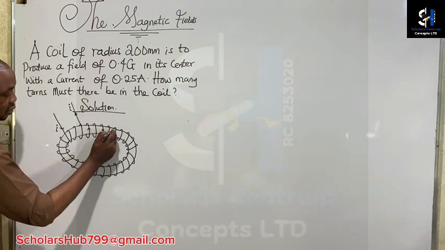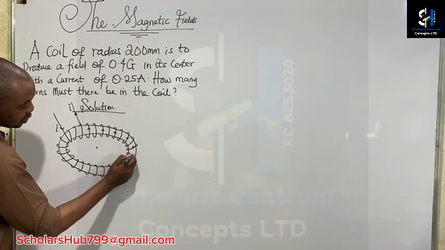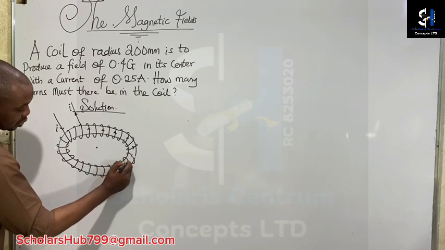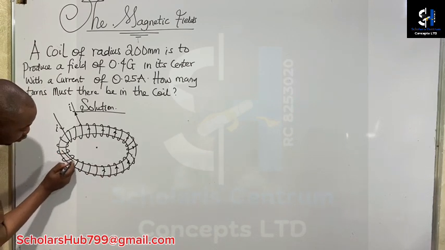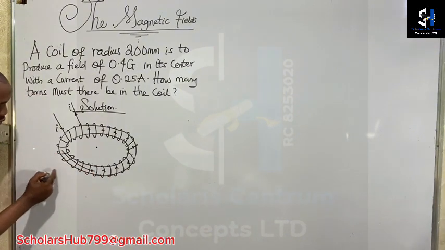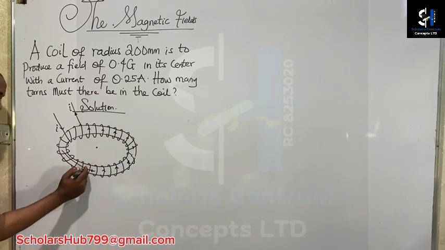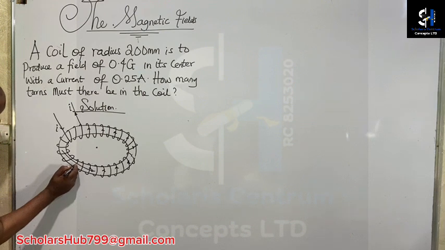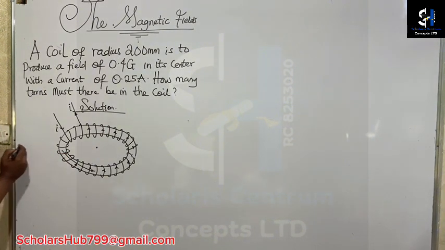So we have the direction, because the current flows in this direction. The current in the wire will be taken to be this direction, which is indicated in the diagram.